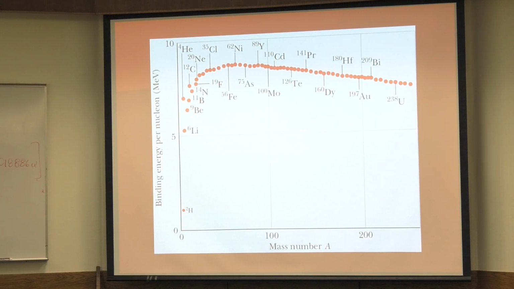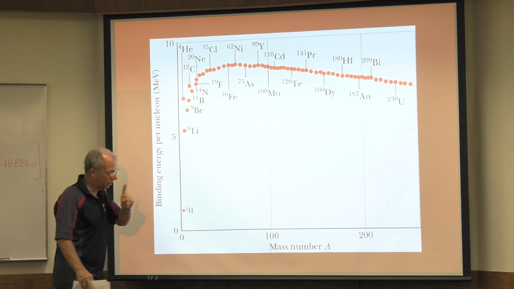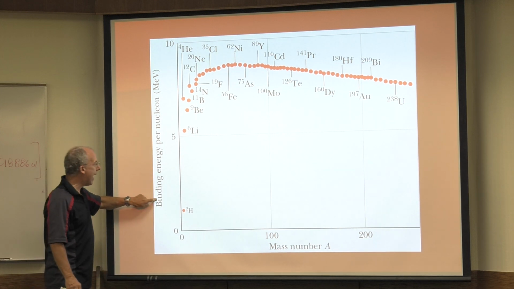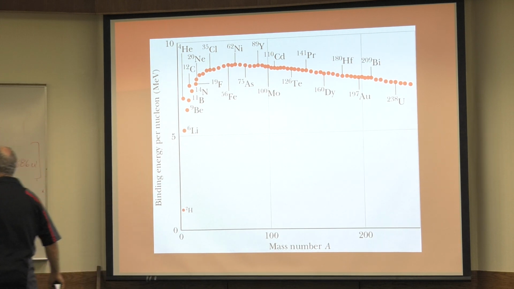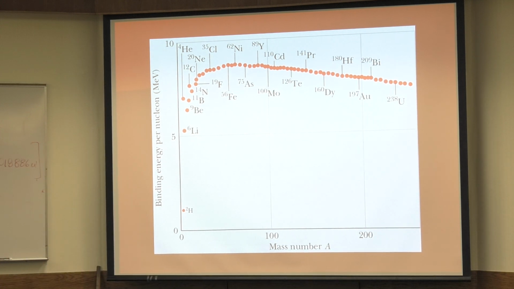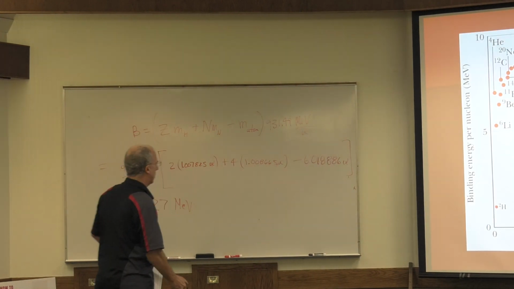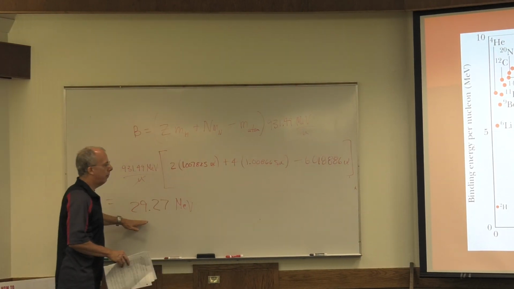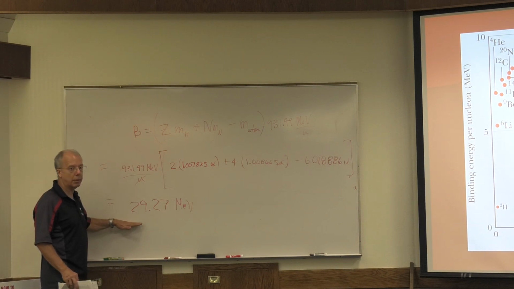Okay, all right. So this is a plot of binding energy, but careful, it's binding energy per nucleon. This was the binding energy for helium-6. If I wanted the binding energy per nucleon, how many nucleons are in helium-6? 6.